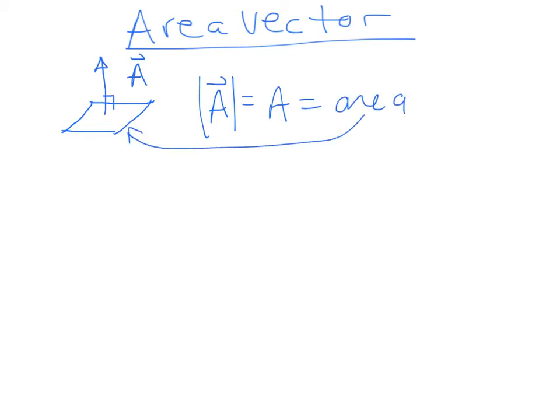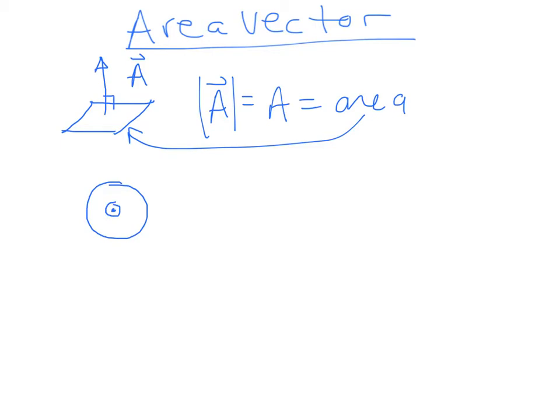Okay, so this is a definition which is only valid for planar areas, areas which are in one single plane, because then the direction of the area vector uniquely defines the orientation of that plane. So, for example, if you had a circular area, we could define an area vector on the inside of it, which in this case is coming out of the plane.